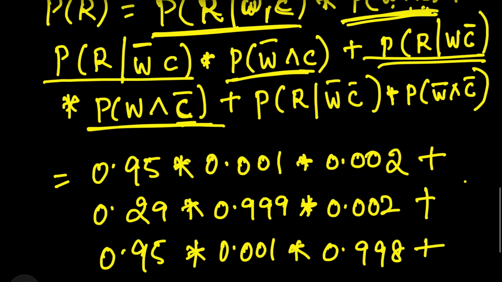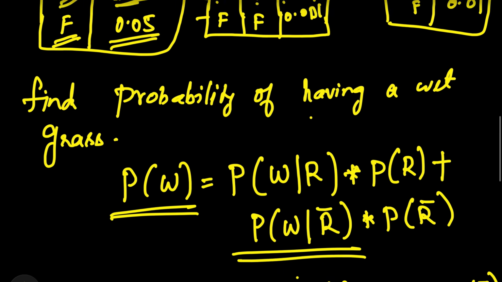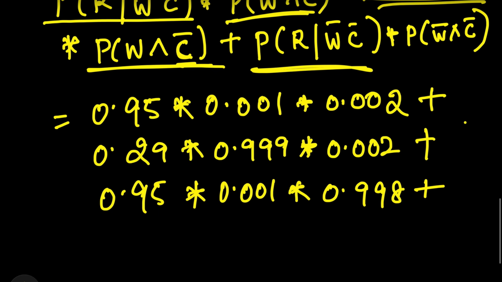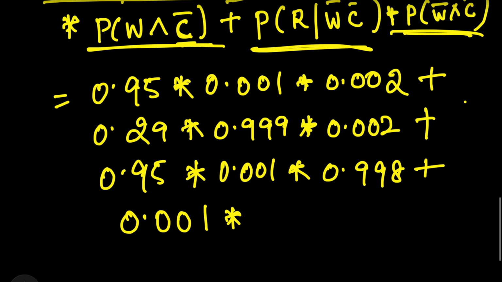Plus, what is the last value we should take? It is probability of R given wind false, cloud false. We will take wind false and cloud false, 0.001. So you can take 0.001 into the probability of negation W and negation C. W false is 1 minus 0.001, which is 0.999, into, and what is this last one?